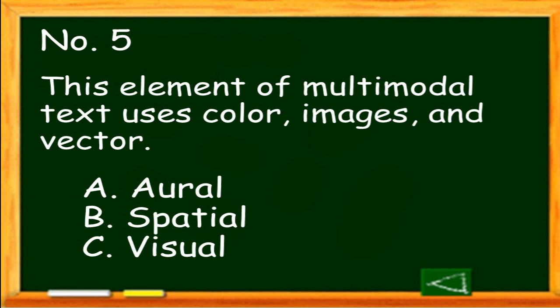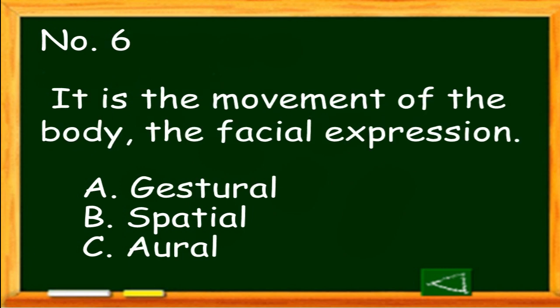Number 5. This element of multimodal text uses color, images, and vector. A. Aural. B. Spatial. C. Visual. Number 6. It is the movement of the body, the facial expression.